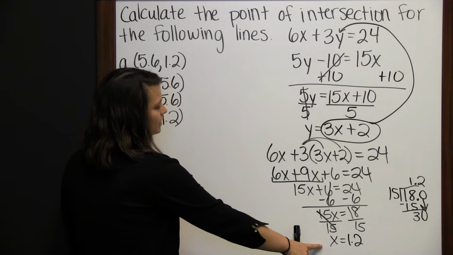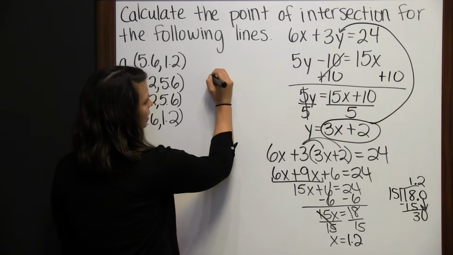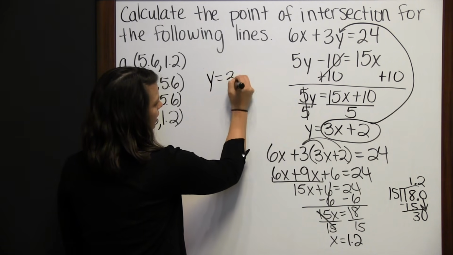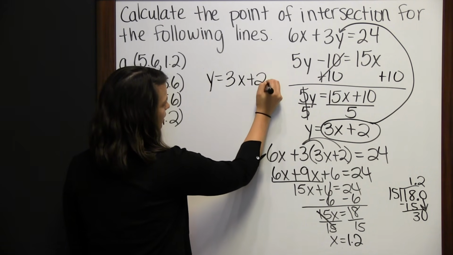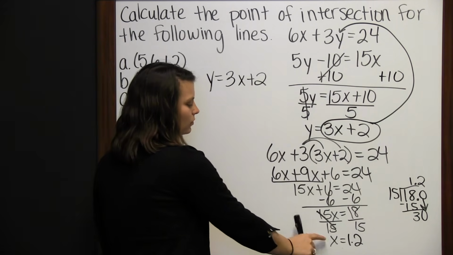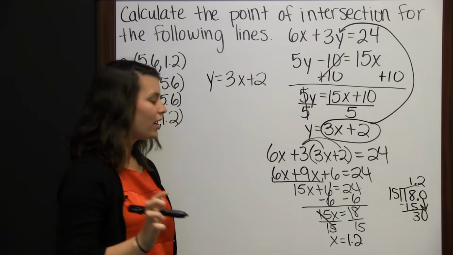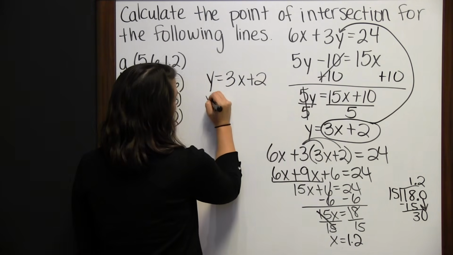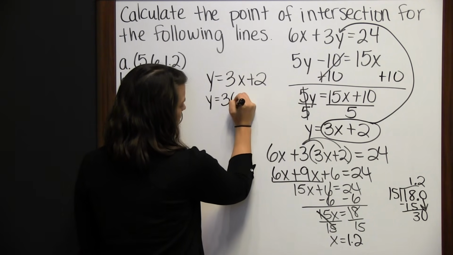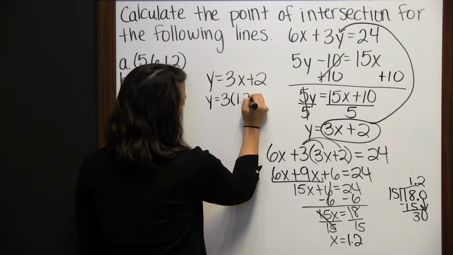Now that we know what x equals, we can use this equation, y equals 3x plus 2, and simply substitute what x is into this equation, and we'll have y. So I'm going to replace x with 1 2/10.